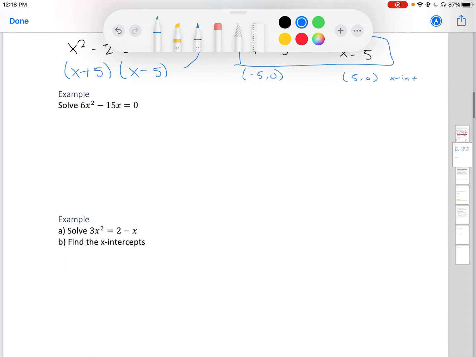Next problem. We're asked to solve, and so far all we know is how to factor. So we can proceed by factoring. We can factor out a greatest common factor of x. We can actually factor out a 3x, right?